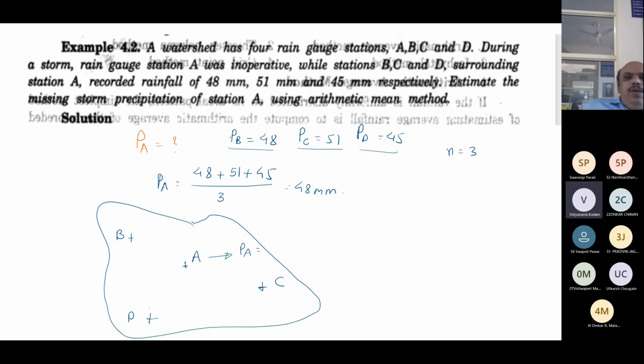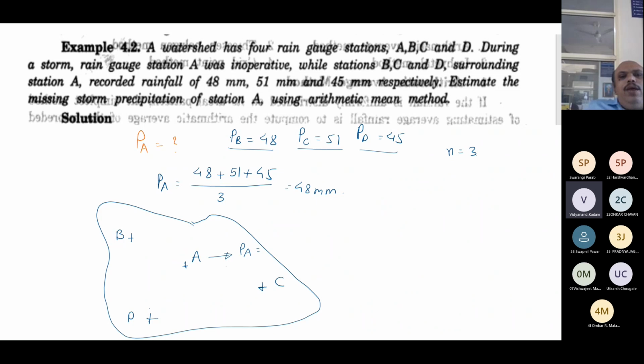This problem is on arithmetic mean method. A watershed has 4 rain gauge stations A, B, C, and D during a storm. Now here the meaning of term storm is a session of rainfall. Session of rainfall may vary from few minutes to few hours or sometimes few days.